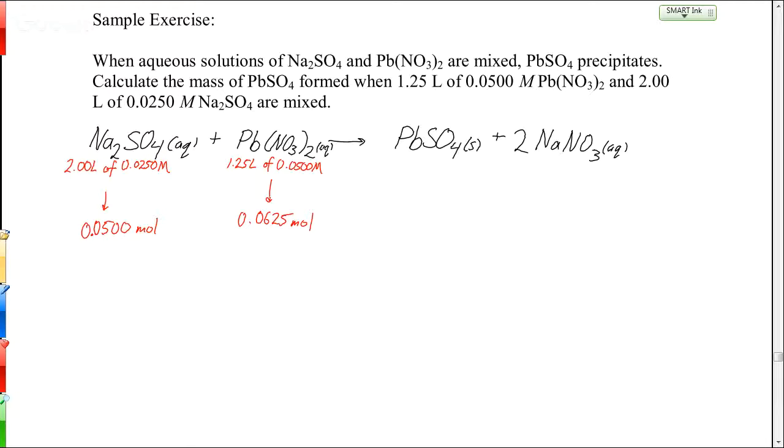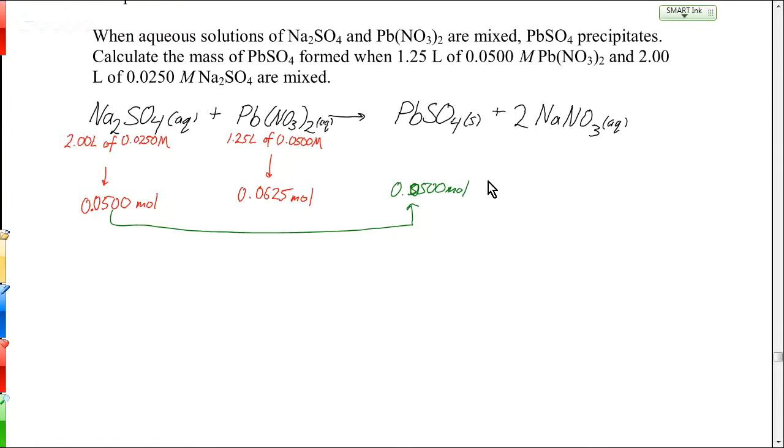The stoichiometry also tells us that 0.05 moles of this has to make 0.05 moles of that, because that's 1-to-1 according to the reaction, right? 1-to-1.